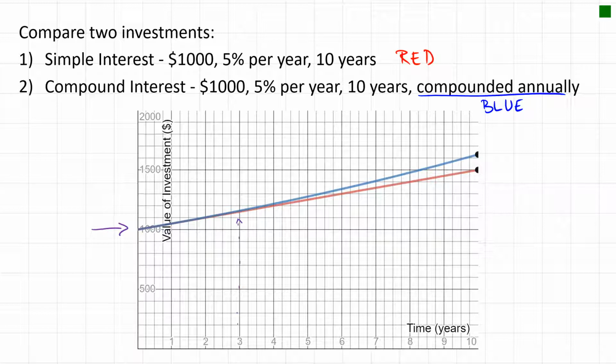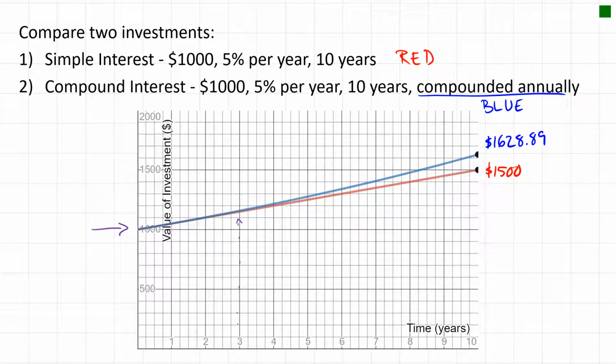After 10 years, the simple interest is worth a total of $1,500, and the compounded interest is worth $1,628.89. So the compounded investment would have made an extra $128.89.